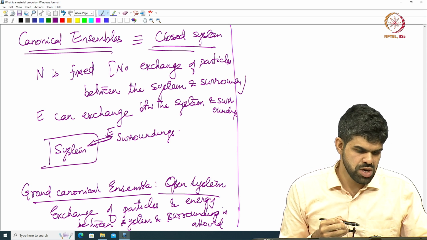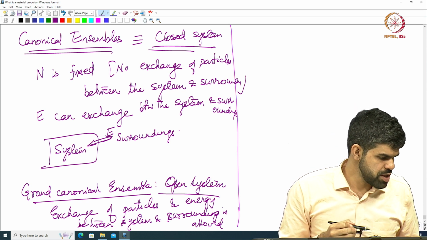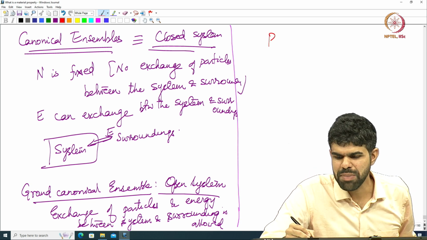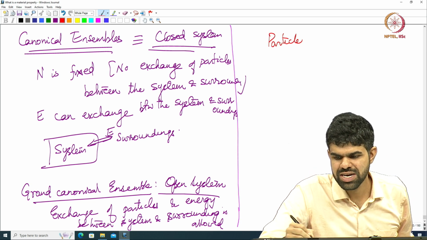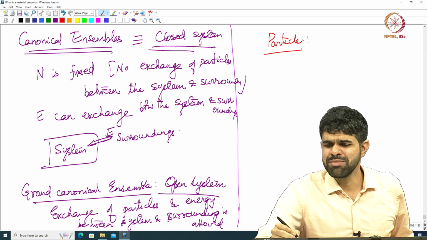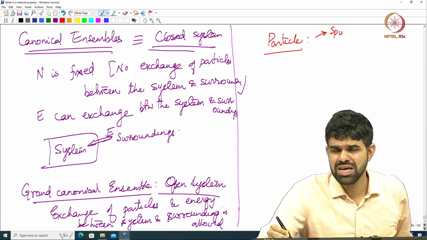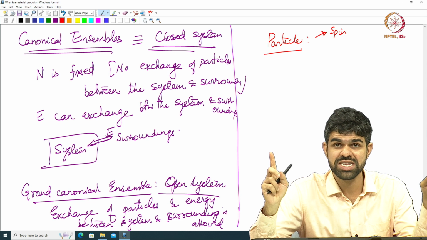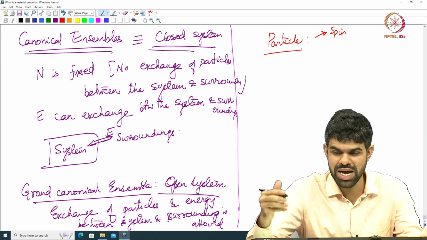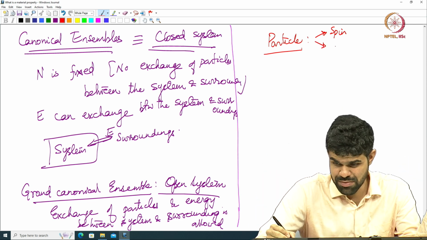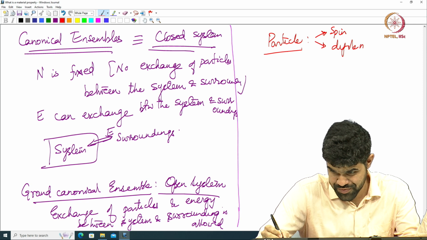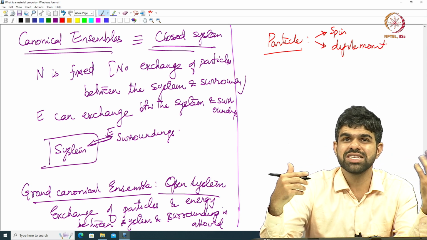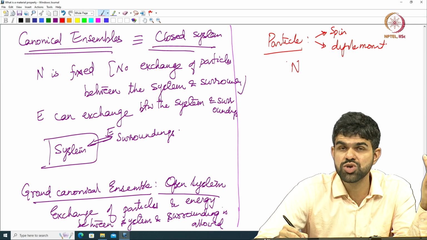Okay. So, all right. Now, a couple of clarifications before I move on. One is when I say particle, I can mean a spin, right. So, all the distinct spins are particles. So, in my Ising model case, I can mean some sort of a dipole moment. So, what is it in that system that constitutes n?